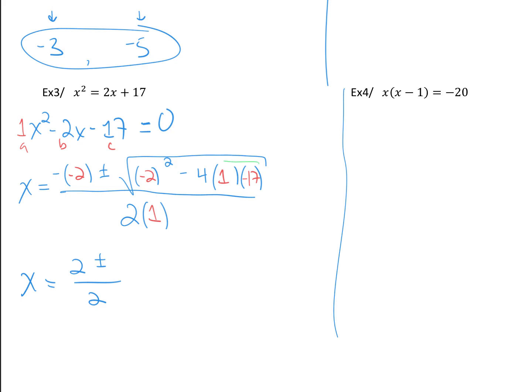We take all the numbers in here, put them in the calculator and get 72. Now we would leave that 72 inside the square root because all we did was simplify the numbers inside the square root. And 72, after a little bit of work, turns into 36 times 2, and we can take the square root of 36 to get 6 square root of 2.